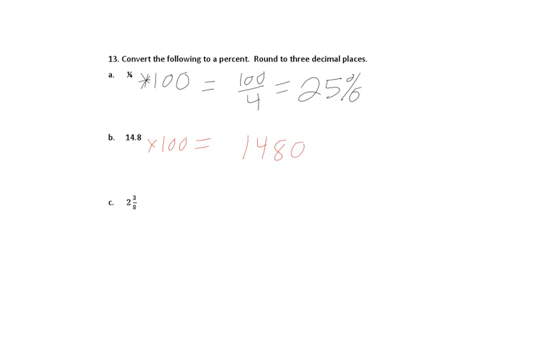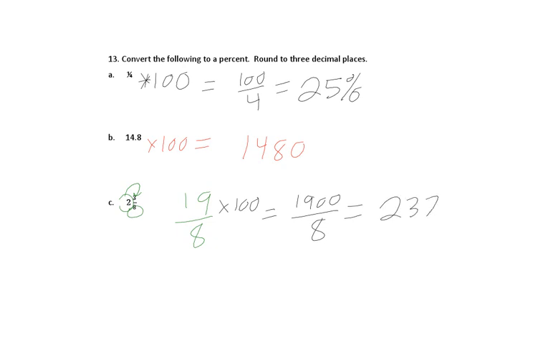Part C, I would like to change it into an improper fraction first. 8 times 2 is 16. 16 plus 3 is 19. 19 over 8. Now multiply by 100, so you get 1900 over 8. If you do that, you're going to get 237.5%.